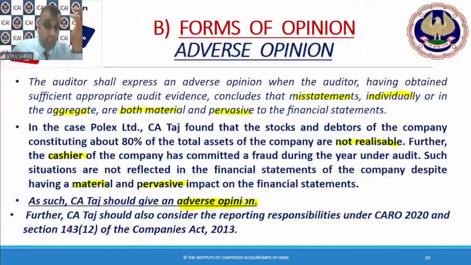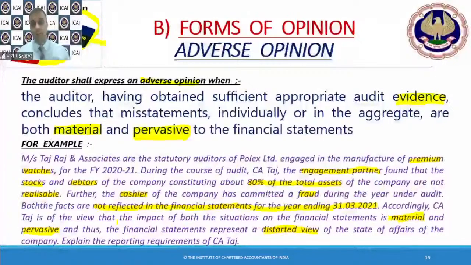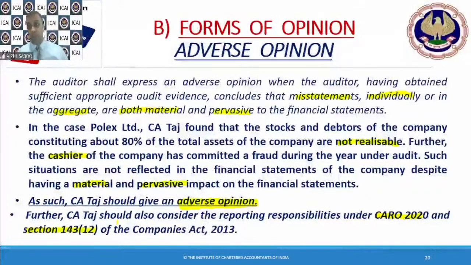Further, CA has to consider the reporting responsibilities under CARO 2020 and Section 143(12) of the Companies Act 2013 as well. So here is a tip for you. While writing your answers in the examination hall, we are anxious and under stress and pressure. When this question comes, we think of what kind of opinion, and we answer about adverse opinion only.